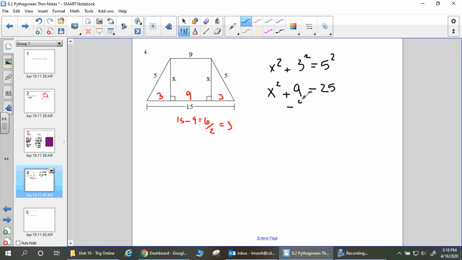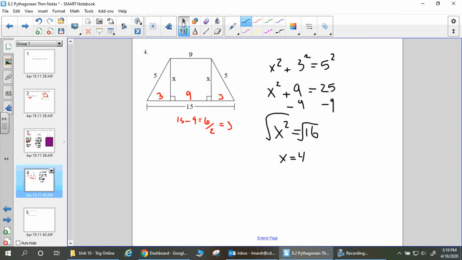If you subtract 9, you're going to get that x squared is equal to 16. And so when I square root this, 16 is a perfect square. And so x is equal to that whole value of 4.